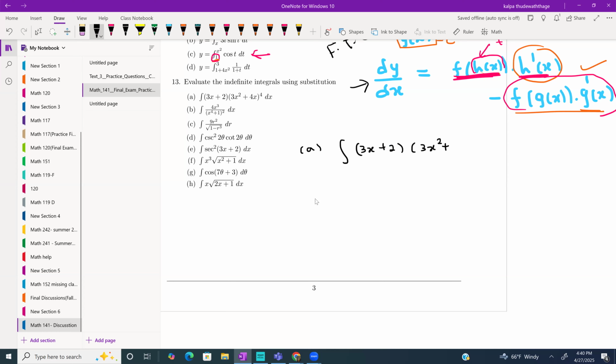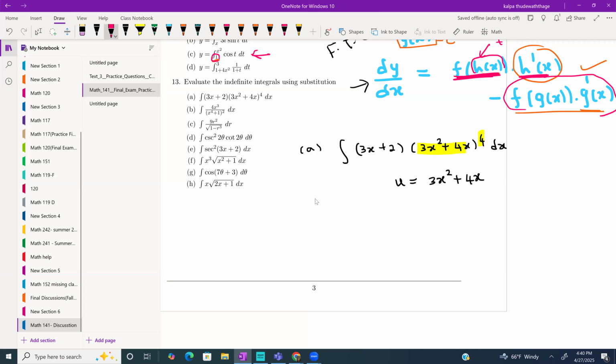Okay. So what I mean by that is, for an example here, if you choose your u variable, the substitution, as 2x to the power 2 plus 4x, because you have fourth power here, that is why I choose this one as u. And I can write it as u to the power 4.